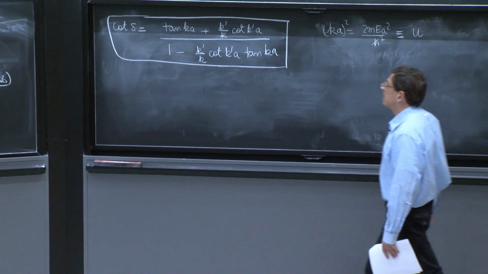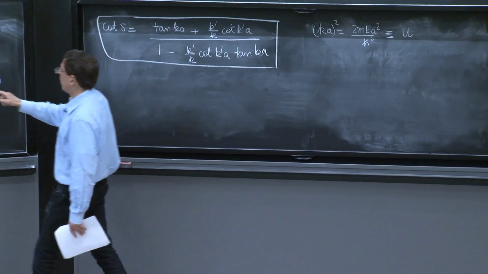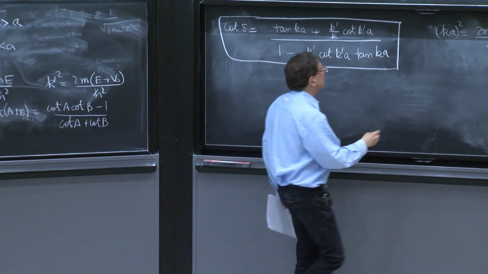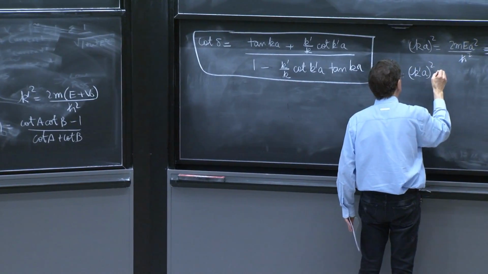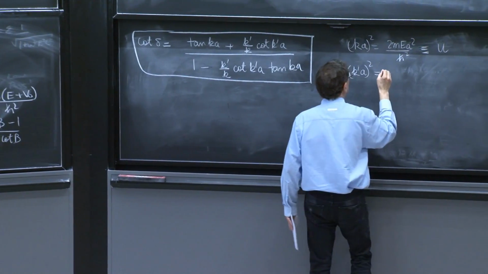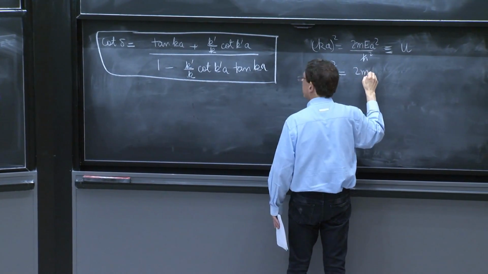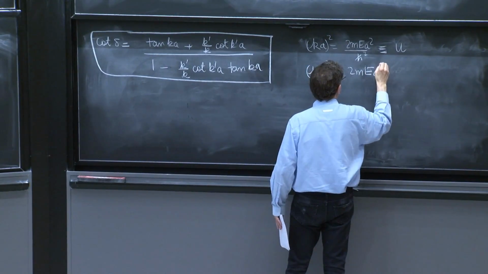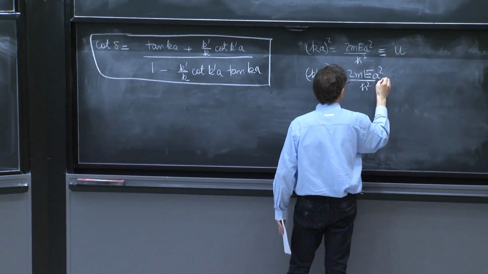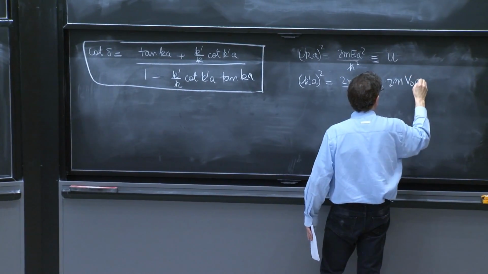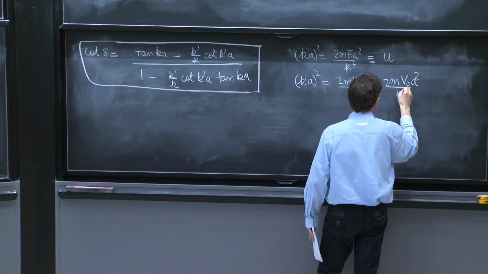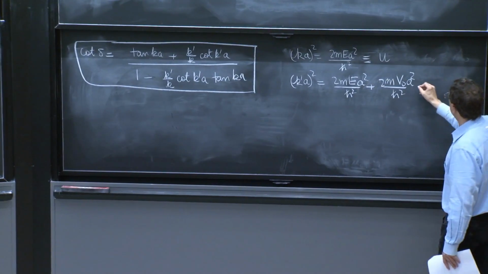On the other hand, if you have k prime a squared, that is also unit free, and would be 2mE a squared over h bar squared plus 2m V naught a squared over h bar squared. And you probably recognize them.